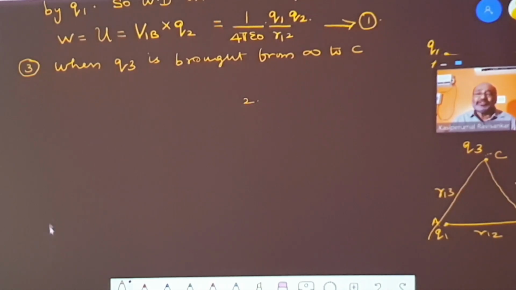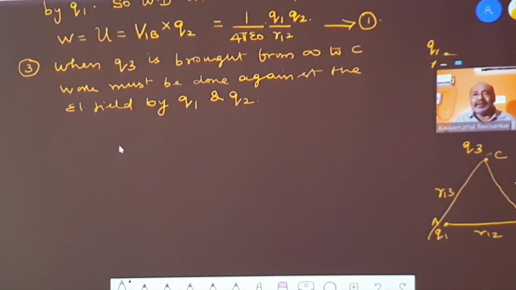So then what is the work done? Now this work done on Q3 is also stored as potential energy, which is equal to potential multiplied with the charge.